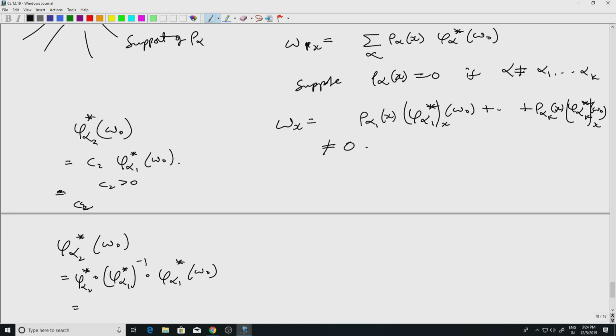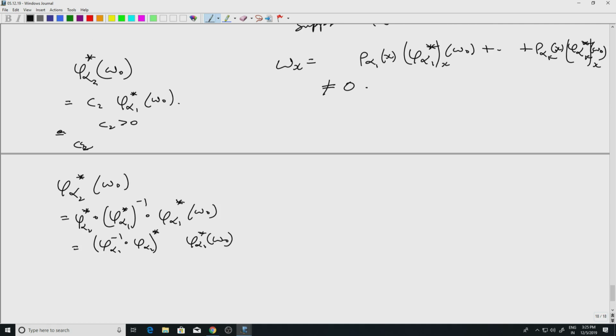Then I take the inverse inside and the star outside, and finally I'll get phi alpha 1 inverse composed with phi alpha 2, whole thing star, applied to phi alpha 1 star omega naught. That is assuming that U alpha 1 and U alpha 2 intersect. If rho alpha x is not 0, then they have to intersect.